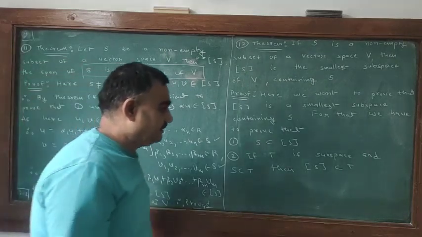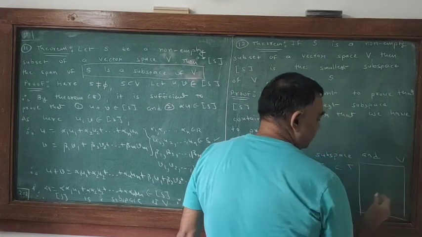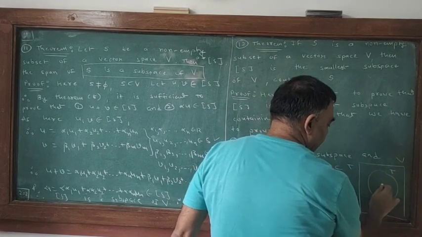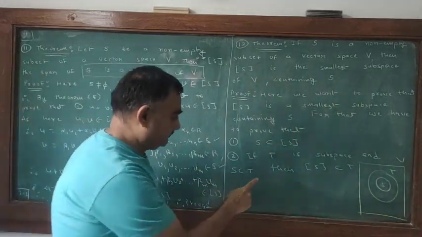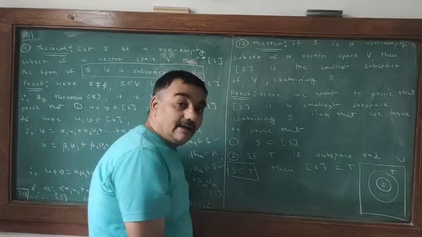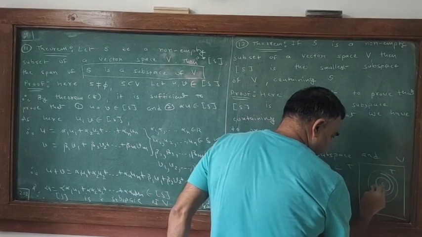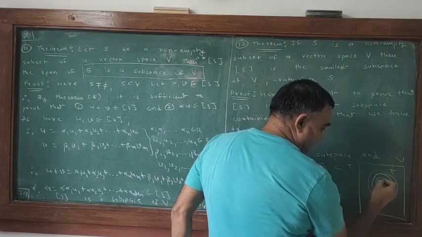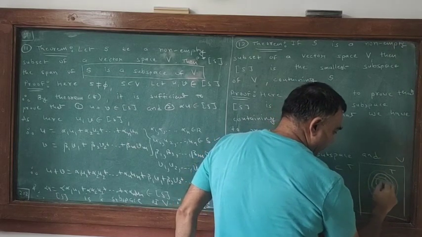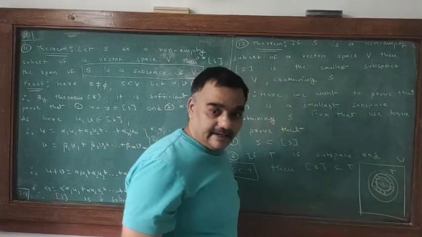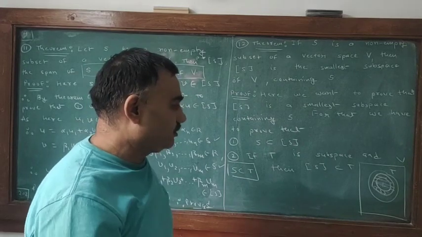This means that this is V, this is T, and this is S. S is a subset of T. Then we want to show that this is span S, and span S contains S. Also, span S is contained in T. That we want to show.